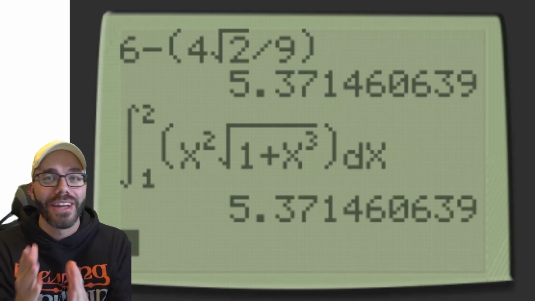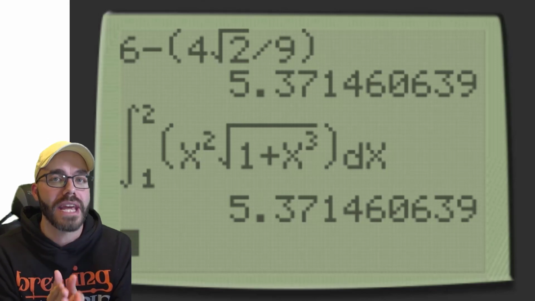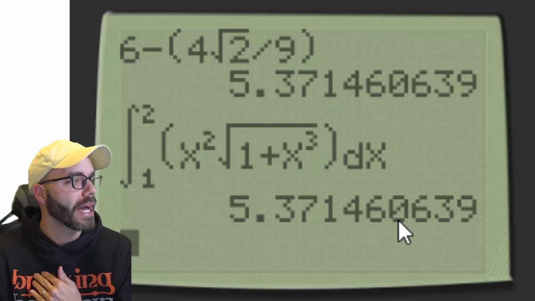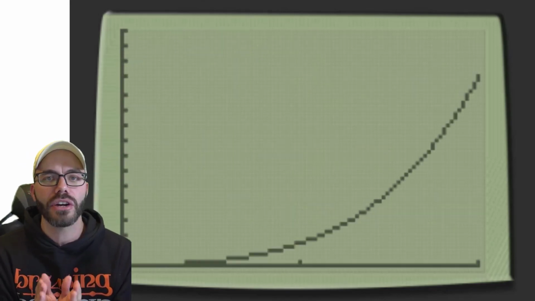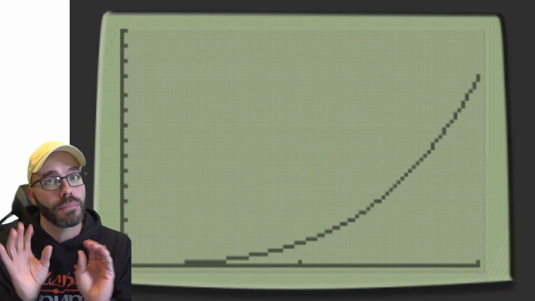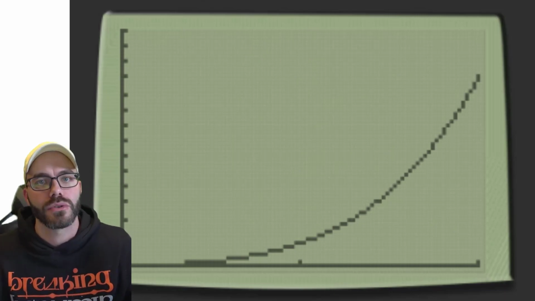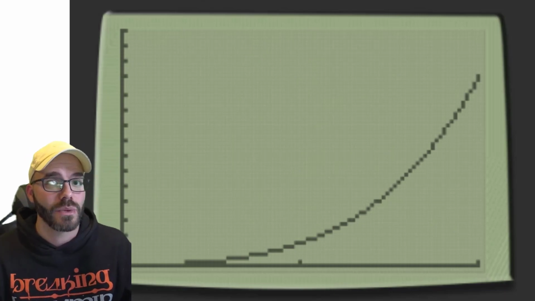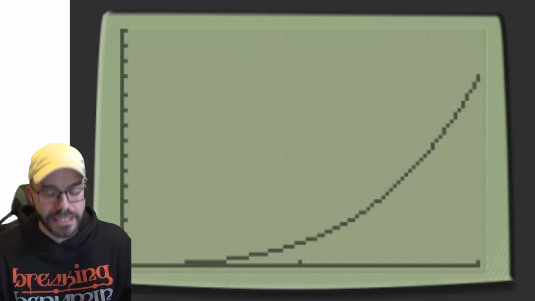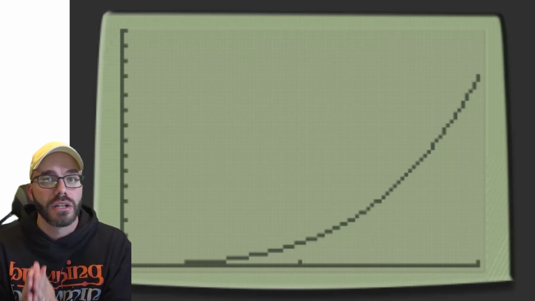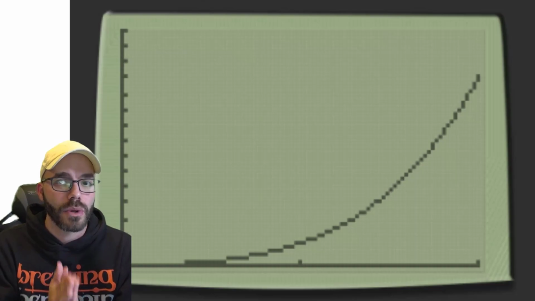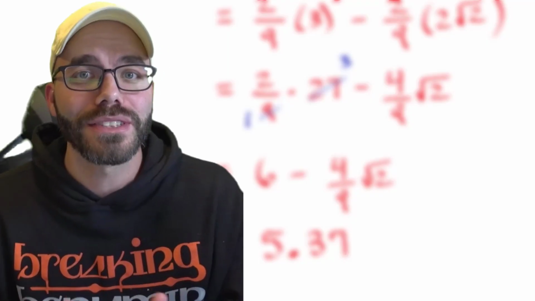There we go. There's how you can check yourself. So now I know if I go back to the graph, the area under this curve from 1 to 2 is approximately 5.37. Exactly, with exact numbers, I'd say it's 6 minus 4 over 9 times the square root of 2.